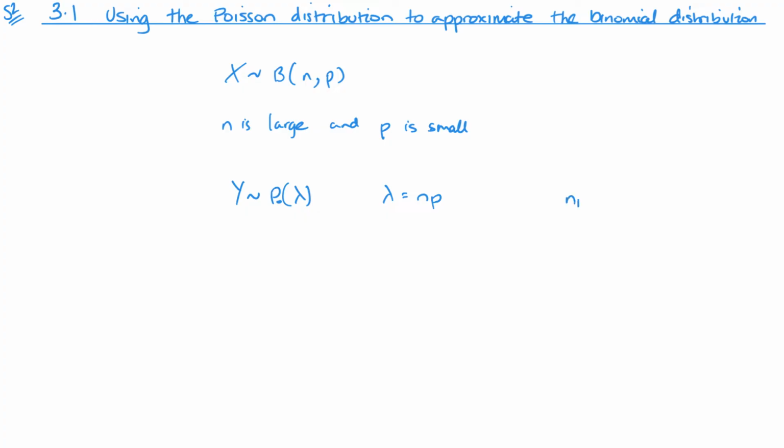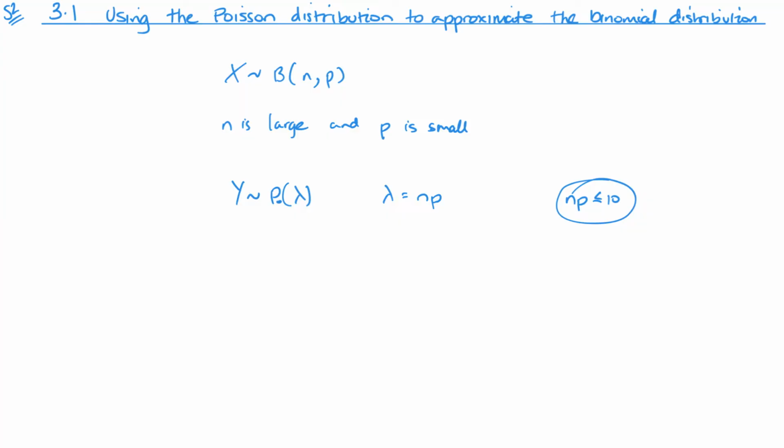So I'll pop that down here. It's not perfect, but it gives you an idea that you can use the Poisson distribution as an approximation for the binomial distribution.